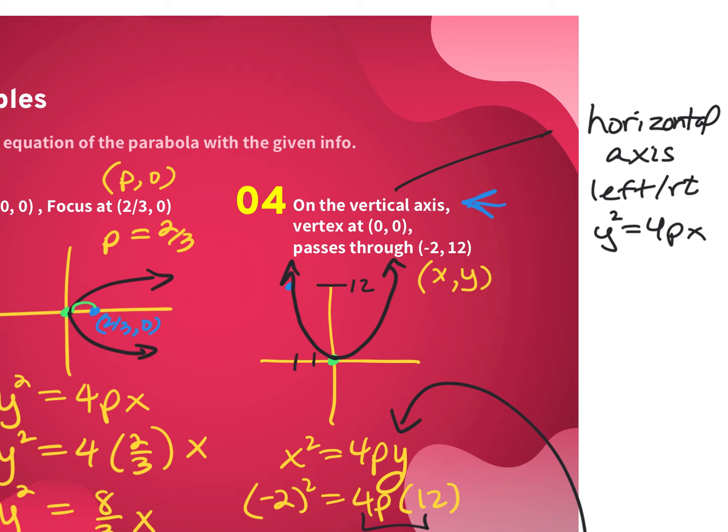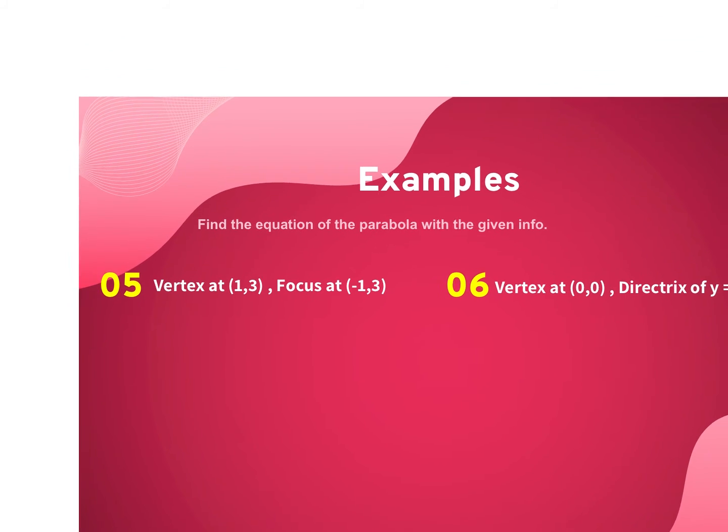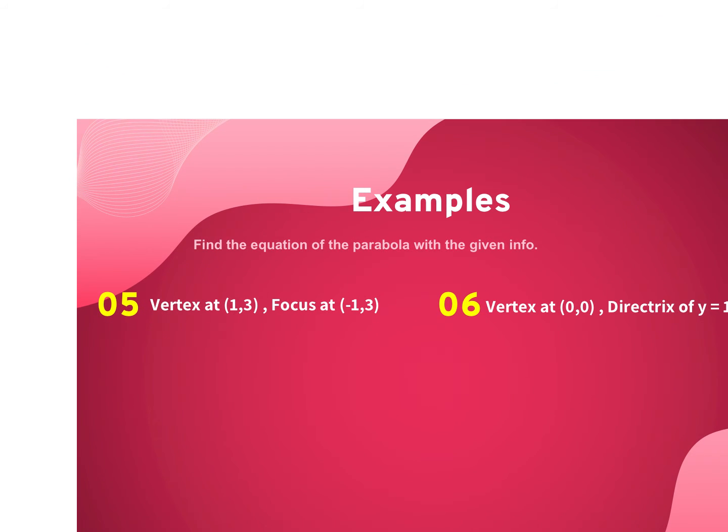All right, now we're going to do equations where the vertex is not at the origin, so we've got to bring in the h and the k. So again, the two equations I'm going to be using to answer these are y minus k, remember, k is always with y, times 4p x minus h.